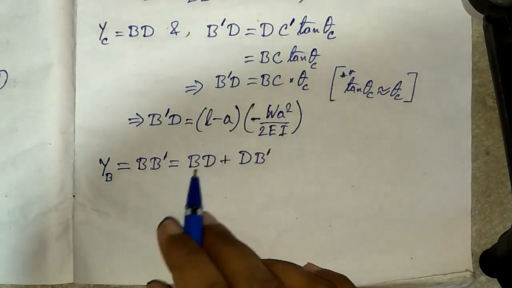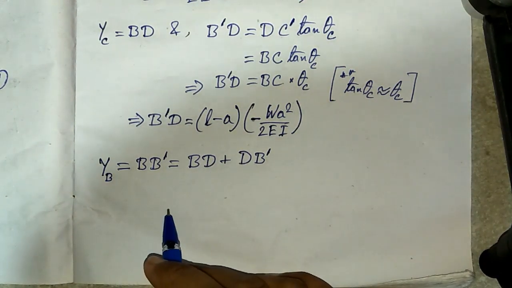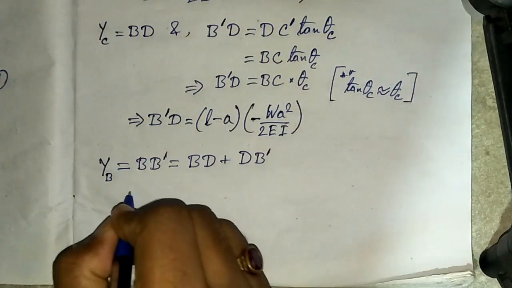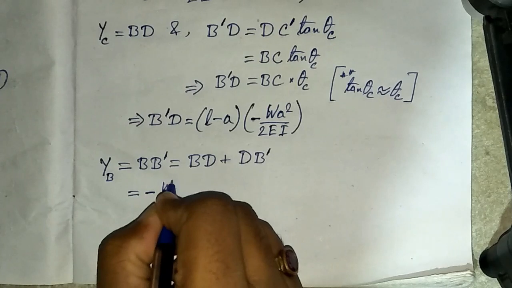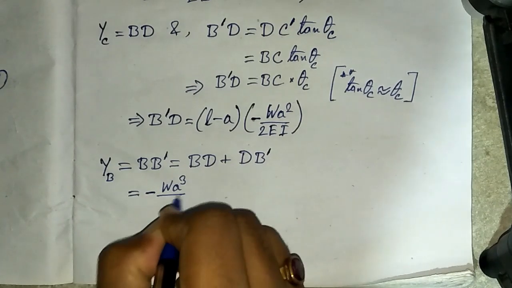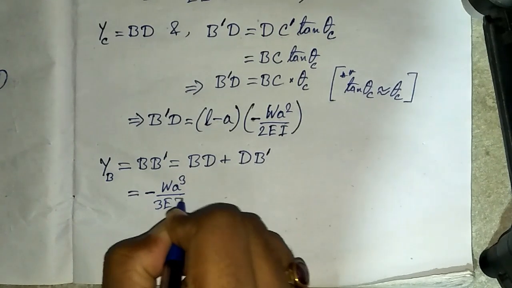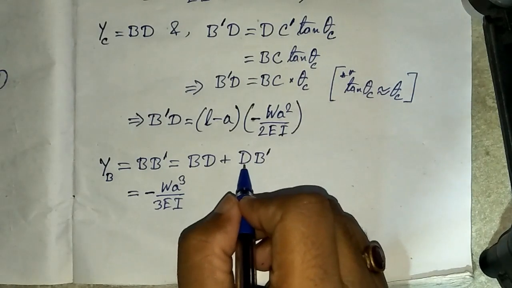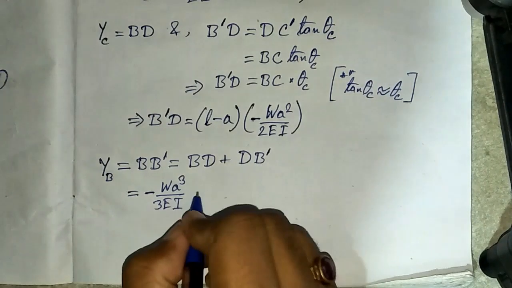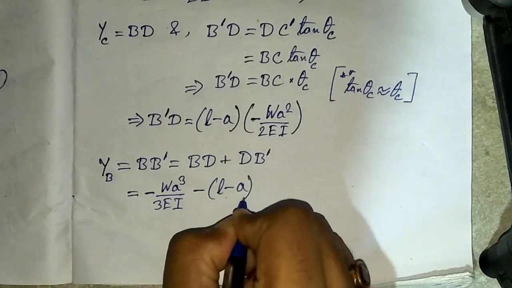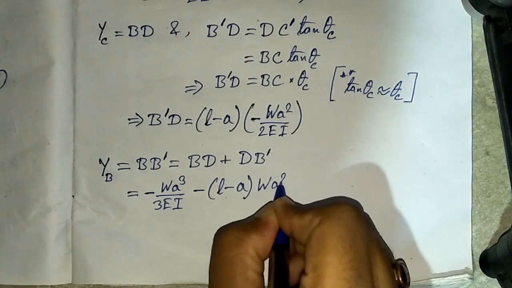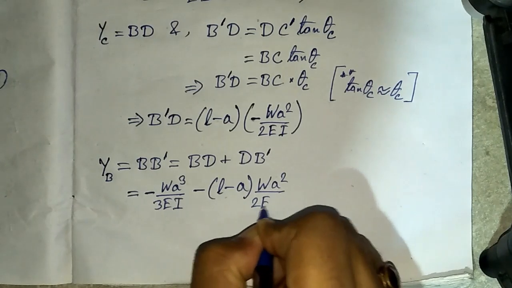Now by substituting the values, the value of BD is minus W A cube by 3EI, and the value of B dash D is L minus A into W A square by 2EI.